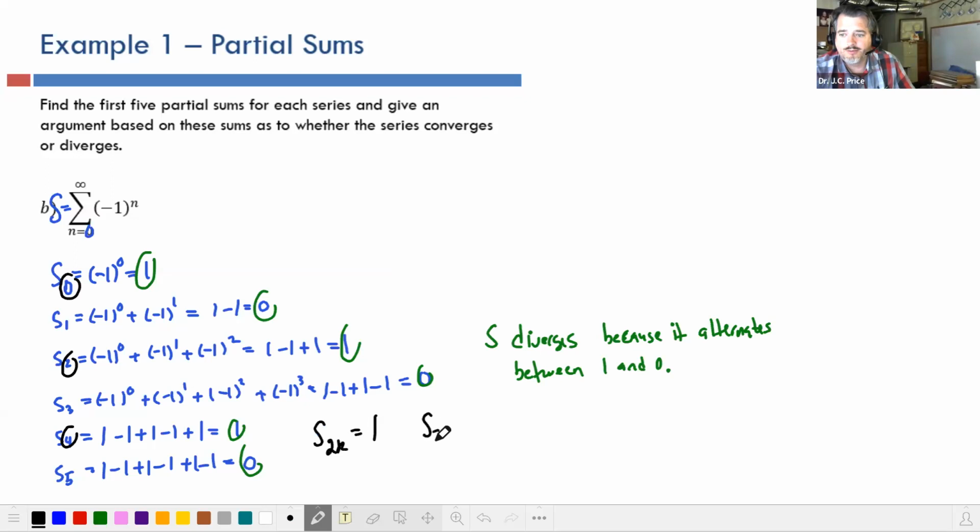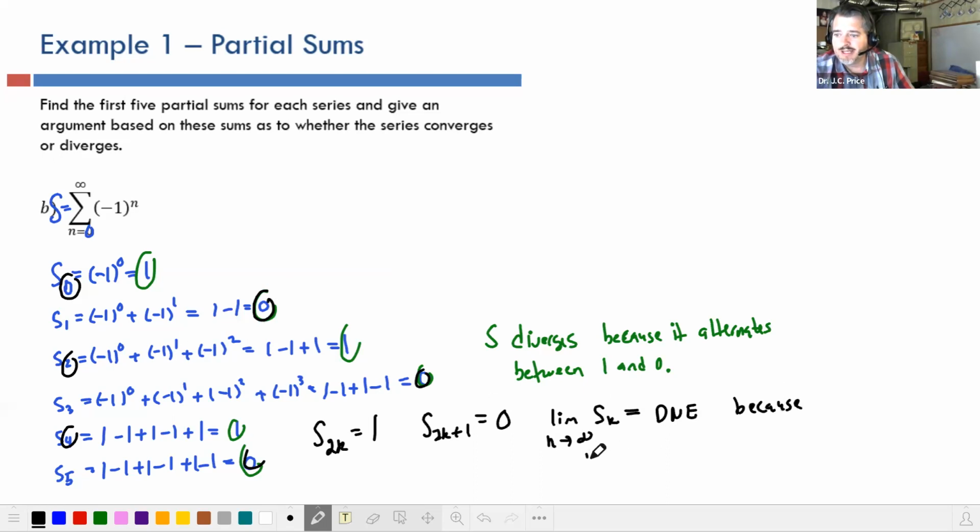Whereas S sub 2k plus 1, it can be plus 1 or minus 1, it really doesn't matter, is equal to, well, notice they're always 0. So when you're odd, you always get out 0.